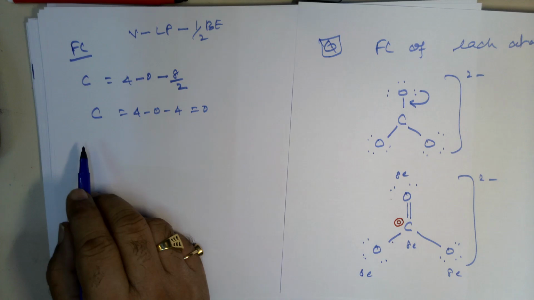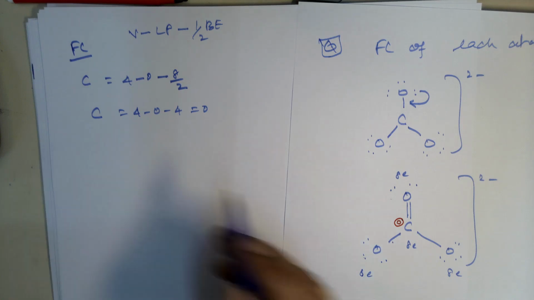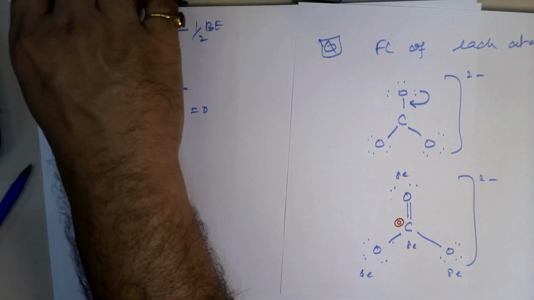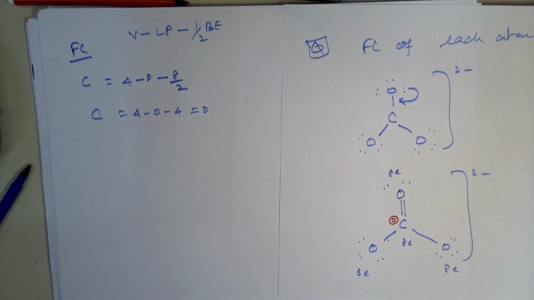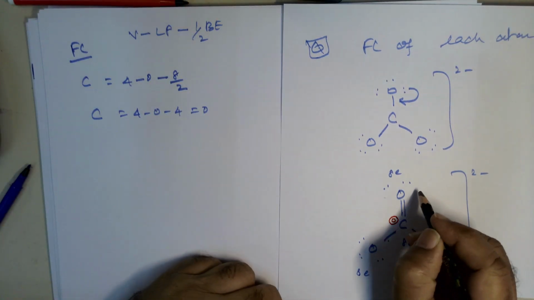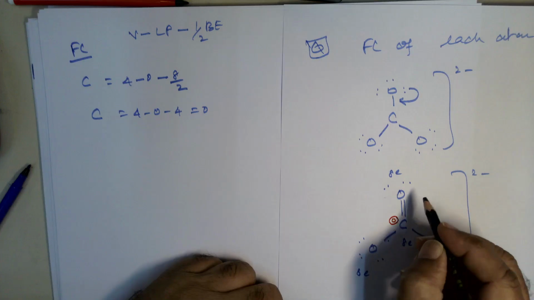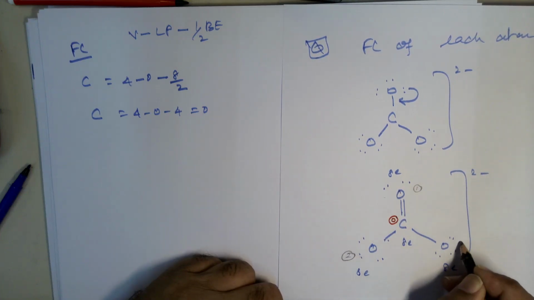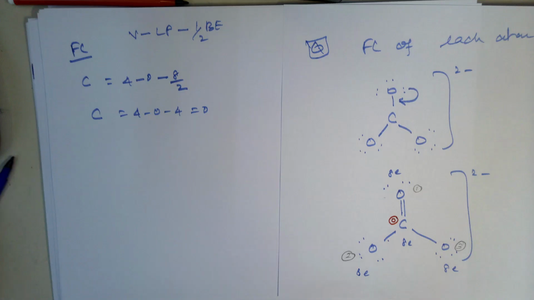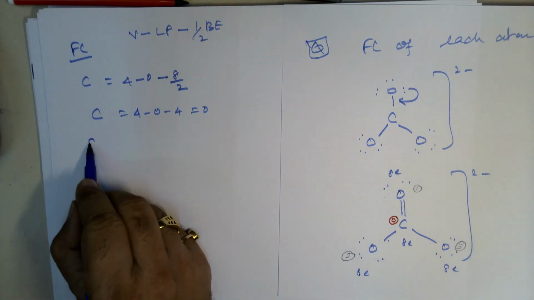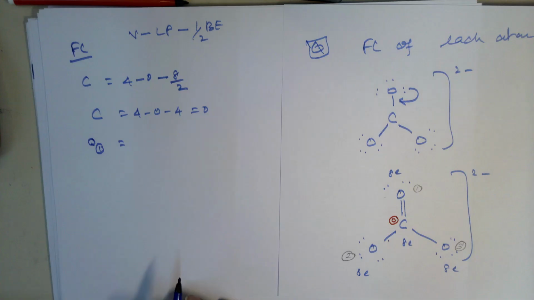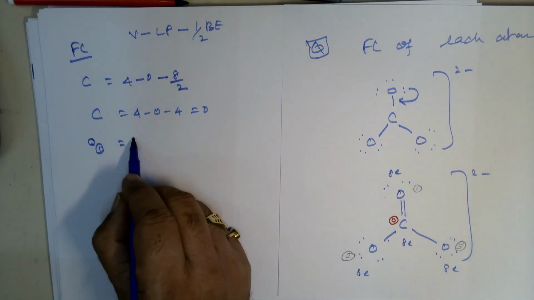Now shall we work out for the oxygens? Let me label the oxygens as first oxygen, second oxygen, third oxygen. So let me identify this as O number 1. Now tell me, what are the valence electrons for oxygen? 6.